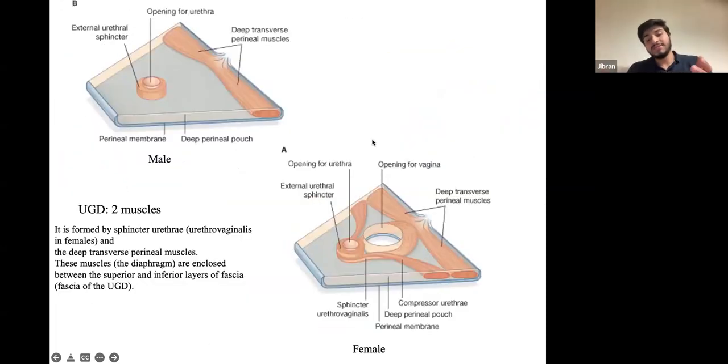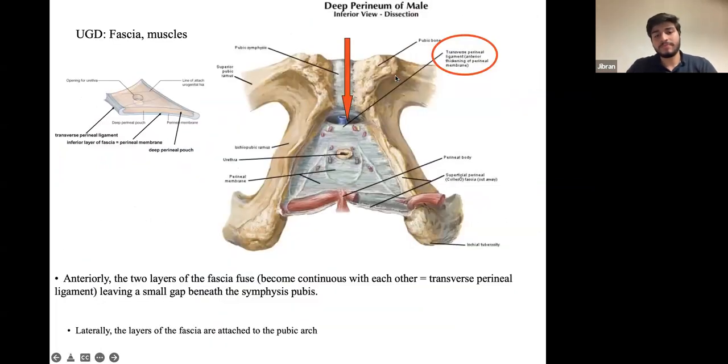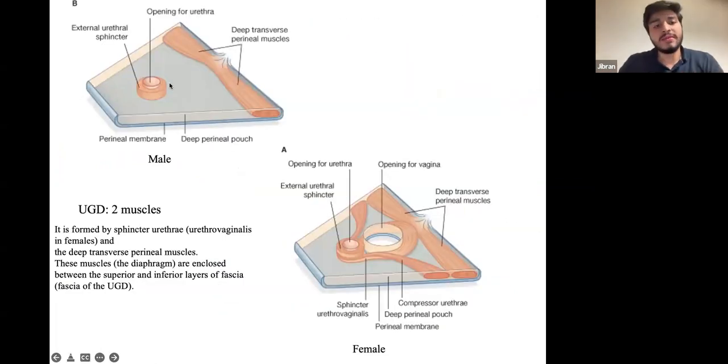Here are the contents of the urogenital diaphragm. You can see the external sphincter muscles, the voluntary sphincter muscles, are all in the urogenital diaphragm.